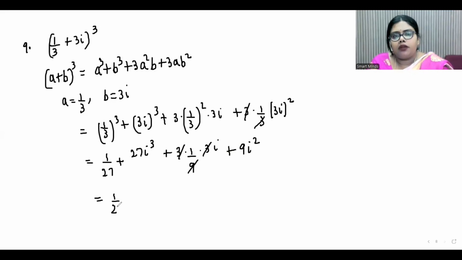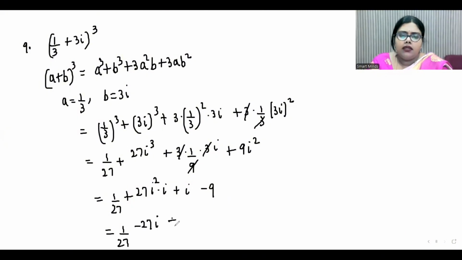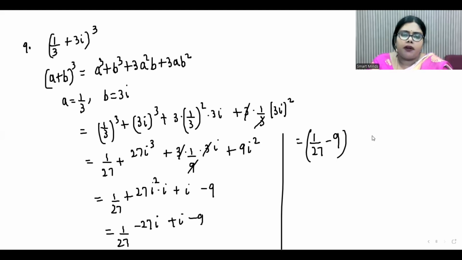That is 1 by 27 plus 27i cube, we can write it as i square into i, plus 9i square is minus 9 because i square is minus 1. So that is 1 by 27 minus 27i plus i minus 9. So the real parts we will write in one bracket and the imaginary part is minus 26i.